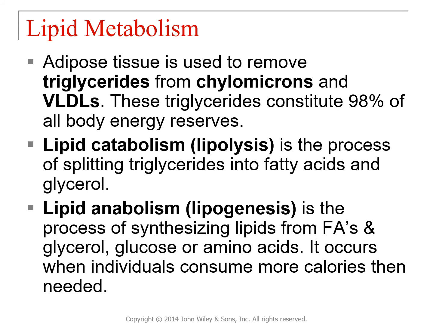Lipolysis is stimulated by the hormones epinephrine and cortisol, but is inhibited by insulin. Insulin, however, stimulates lipogenesis during the absorptive state, or lipid anabolism, which is a process of synthesizing triglycerides from fatty acids and glycerol, or glucose, or amino acids. Lipogenesis occurs whenever blood lipid or other nutrient levels are high.